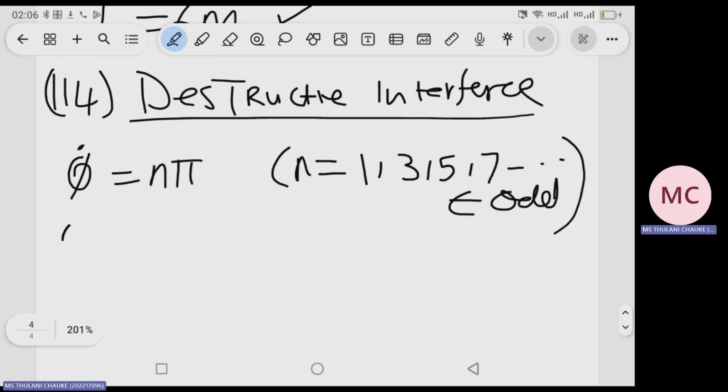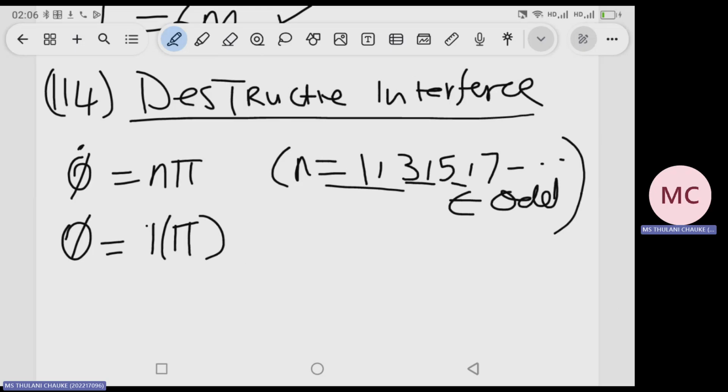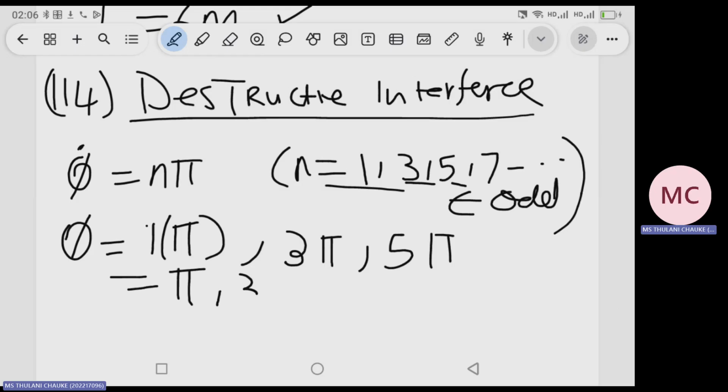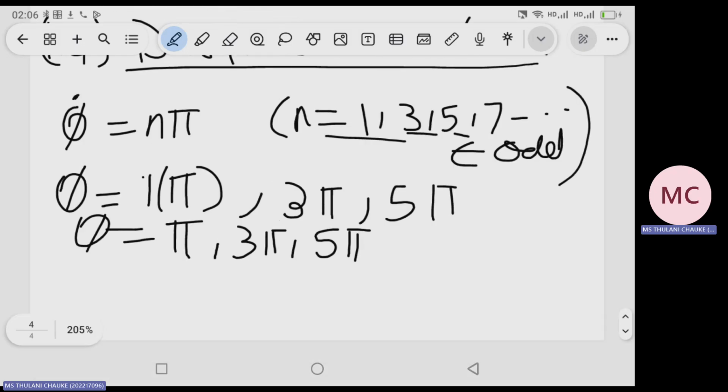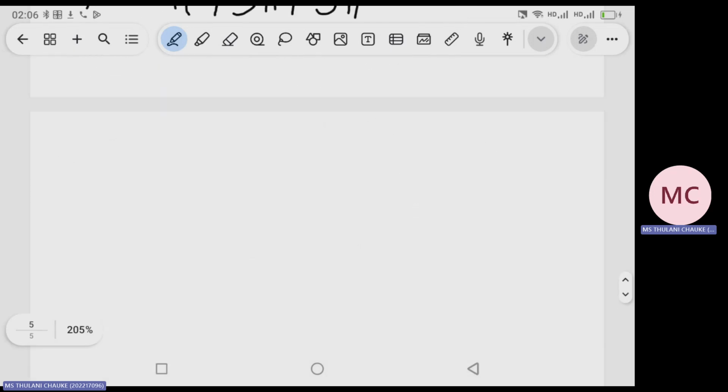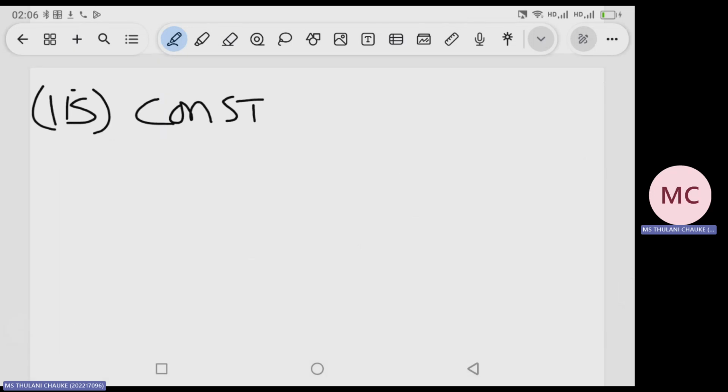Since they only want 3 values, we substitute 1 first, then 3, then 5. Then you'll have pi, 3 pi and then 5 pi. So the answer is pi, 3 pi, 5 pi. These are the phase constant values in destructive interference, and then for constructive interference.